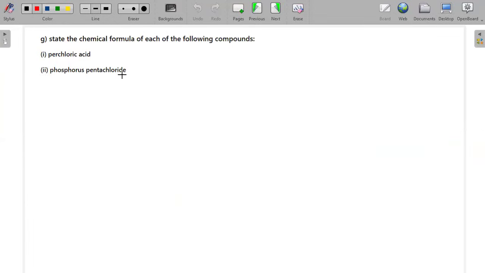Okay, so perchloric acid is simply an acid made of the hydrogen atom and the perchlorate radical. The perchlorate radical is ClO4 with a minus charge.